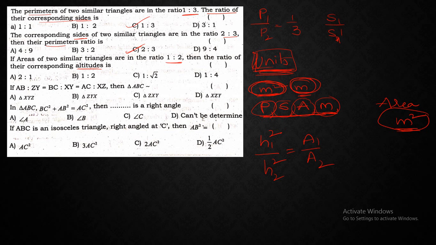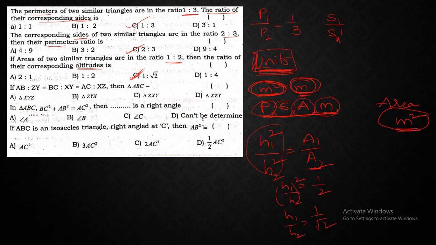So area is given, 1 by 2 is equal to h1 by h2 whole square. Now since I need h1 by h2, I am going to transpose that square. Then it becomes 1 by root 2. So the answer is 1 by root 2. So simply follow this: if areas are given, the ratio of area should contain the square.